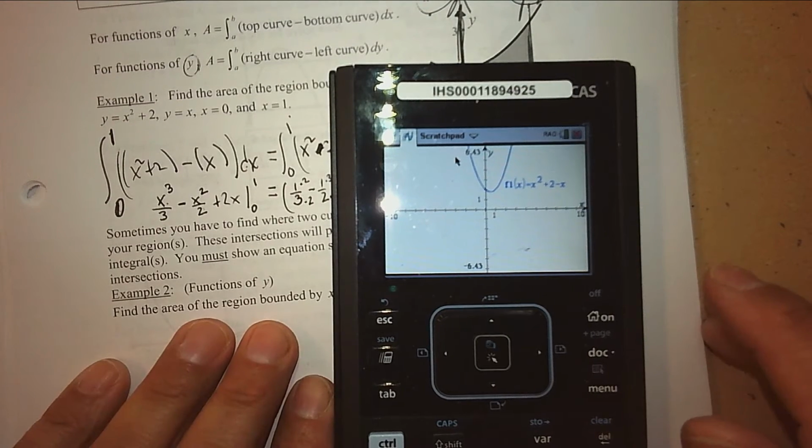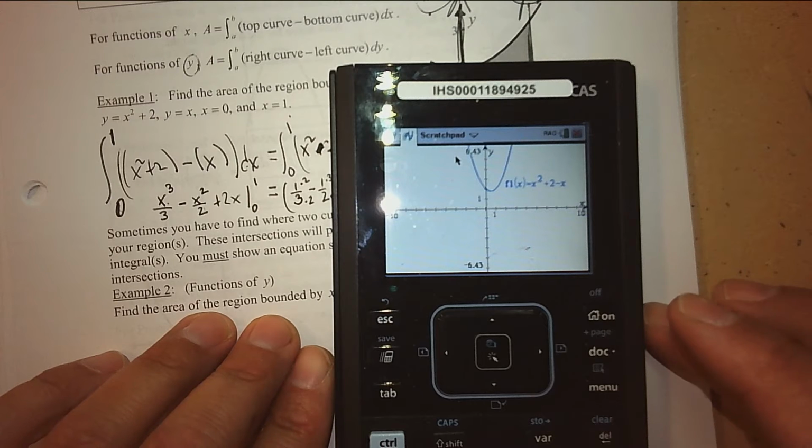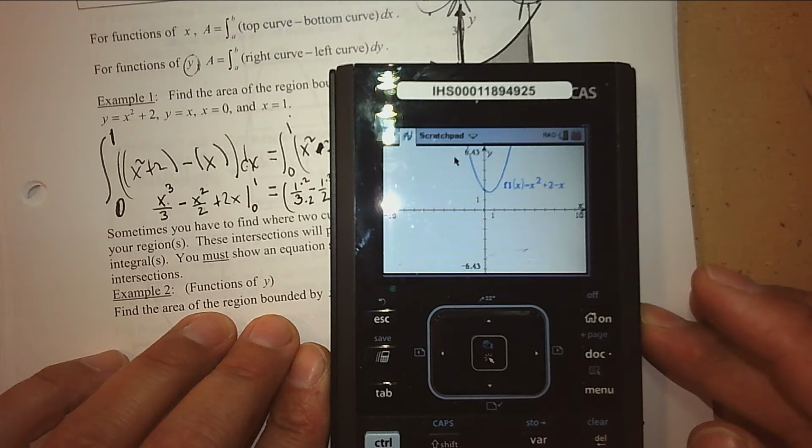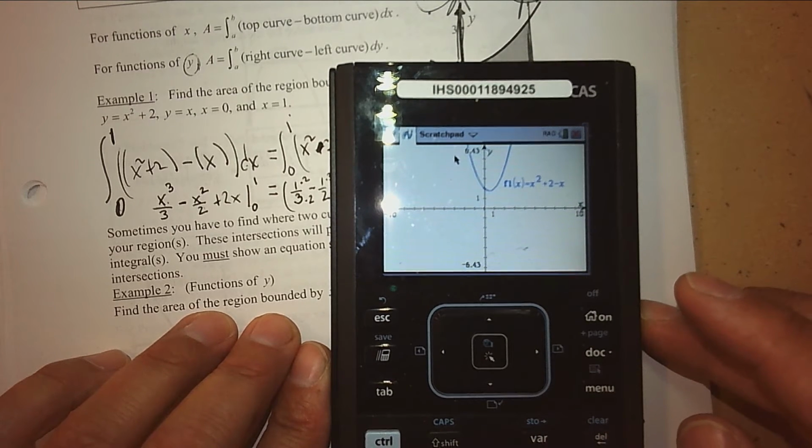I want you to notice that when you subtract and put them together, what do you notice? Together they make a parabola, right?